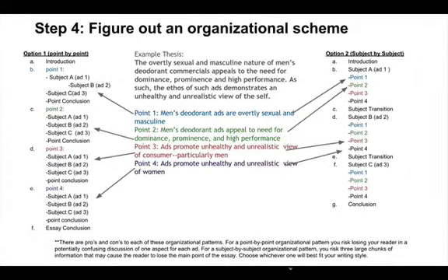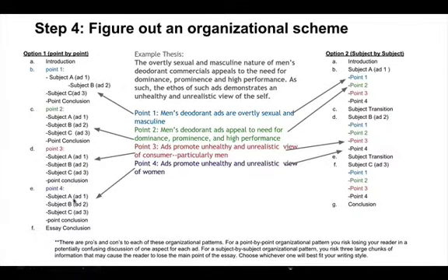So point one, men's deodorant ads are overtly sexual and masculine. So I would begin my essay with point one, and then I would discuss how all 3 ads represent that particular point. And then I would conclude that point and transition to point number 2, and then I would discuss how that particular point is represented in the 3 advertisements, and so on and so forth.